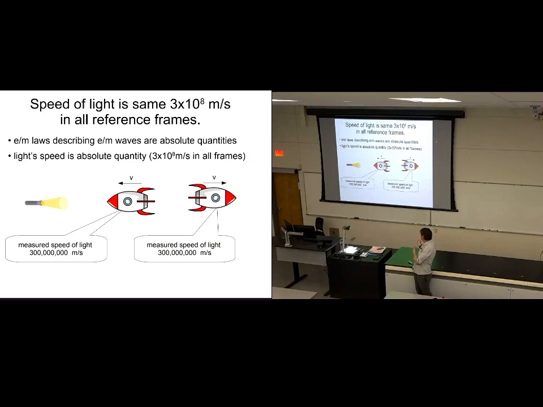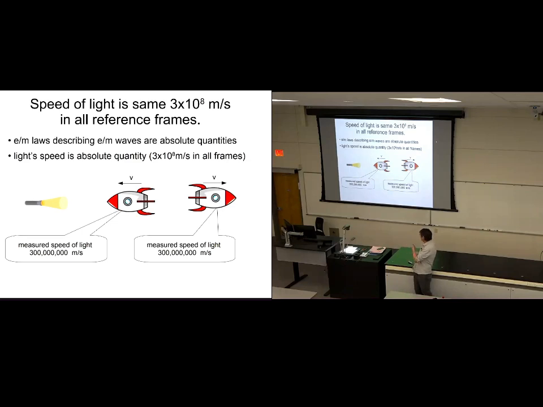The astronauts in the spaceships measure the speed of these light rays that are emerging from this flashlight. And strangely, they find that they both agree exactly. No matter how fast this spaceship travels towards this light, or this one travels away from this flashlight, they always measure this same speed of light.